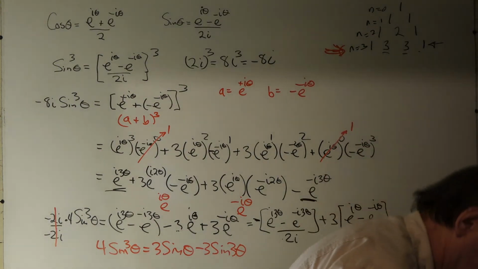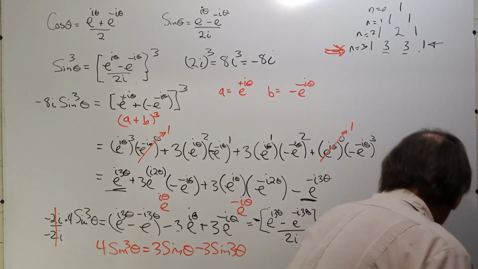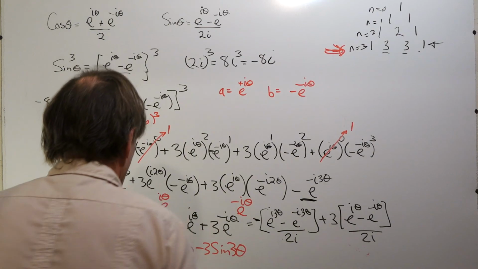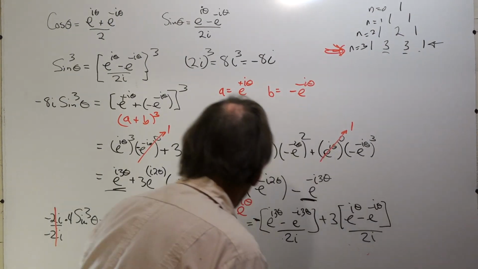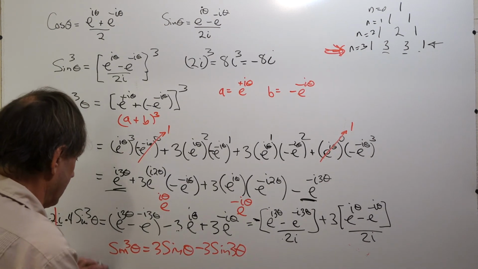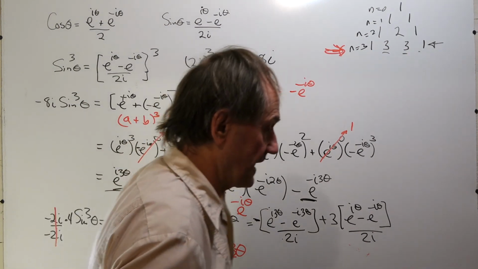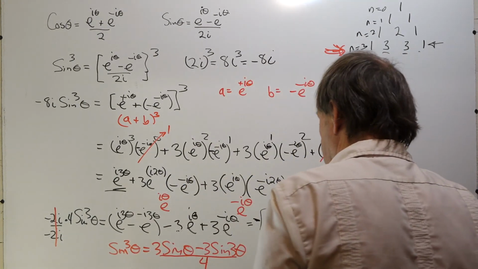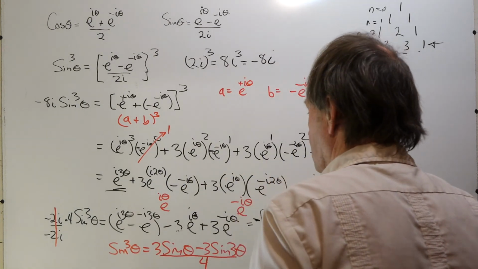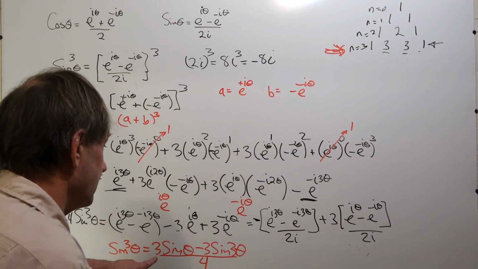Now, of course, we can get it in the same form as we had before by dividing through by 4. So if we divide each side by 4, this is all over 4. And that's exactly what we had with the other derivation. There isn't a 3 here.